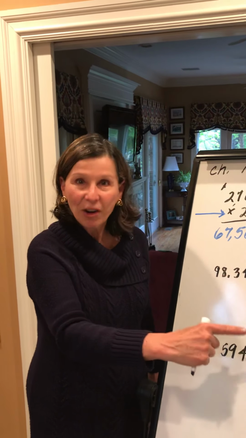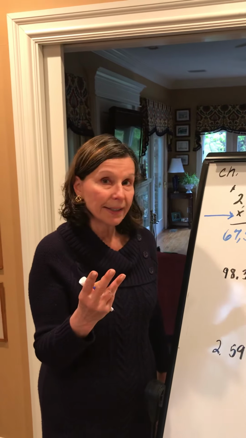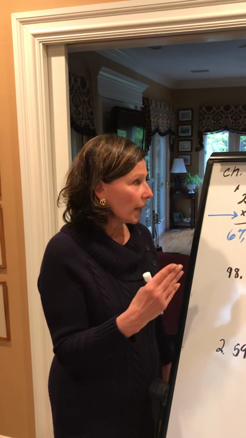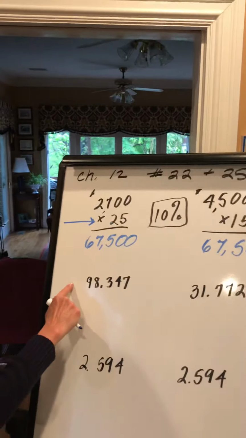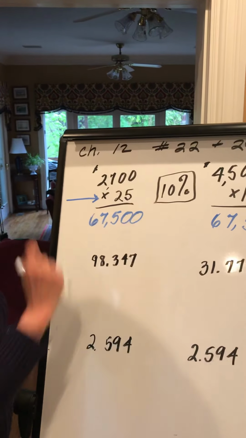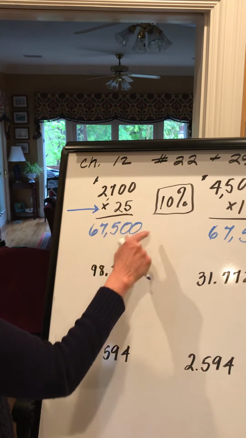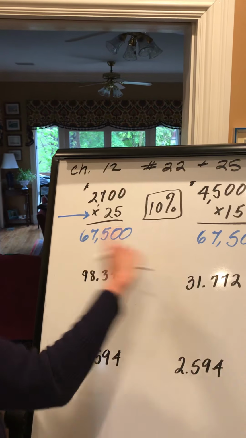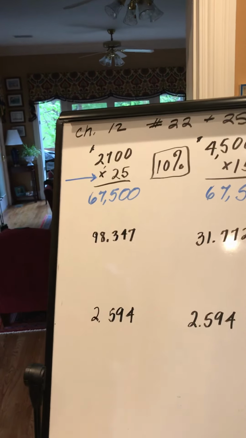Hint, hint, we're going to use future value of an annuity. So we'll go to our chart, future value of an annuity. I highlighted that they give 10% as the interest in the problem. If we look at 25 years down and 10% across, here's your factor, 98.347.